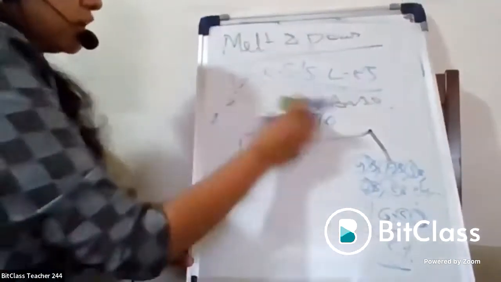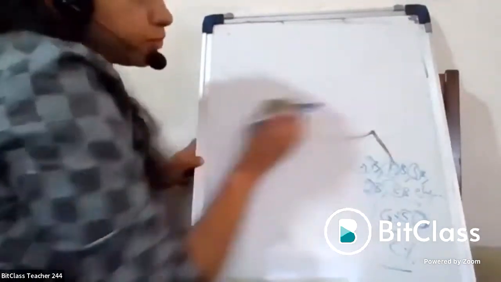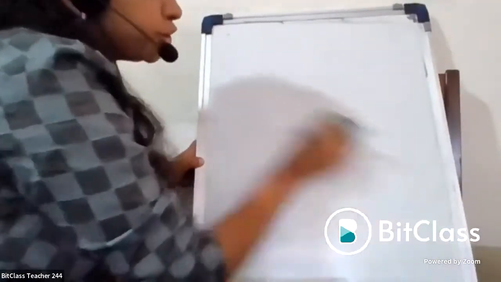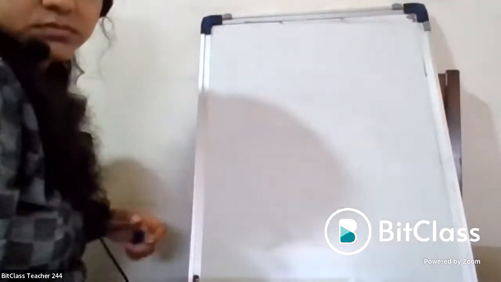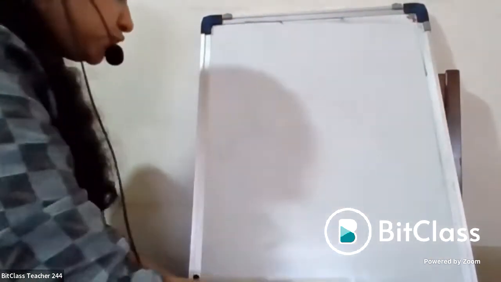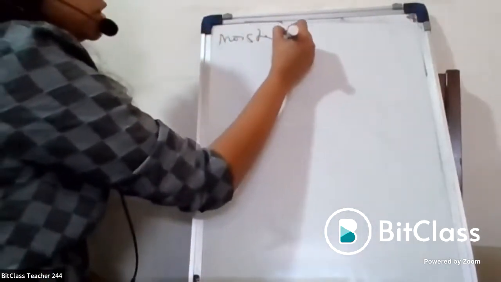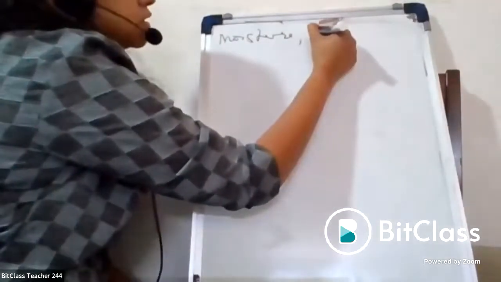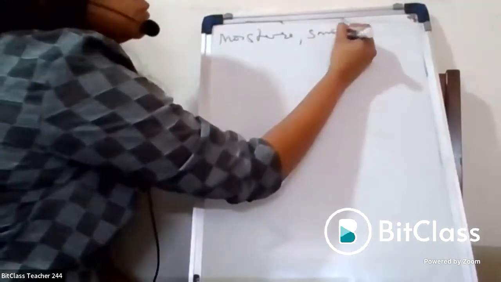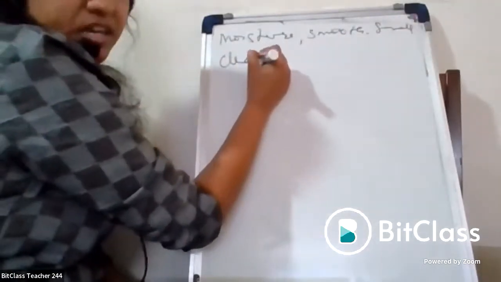For that, tell me, what do you expect your soap to do? Everyone tell me something. Moisturizing. Skin should not get dry after the wash. Yes, next. Smoothing the skin. Soothing smell. Smooth, smell, clean. Clean is cleanse.